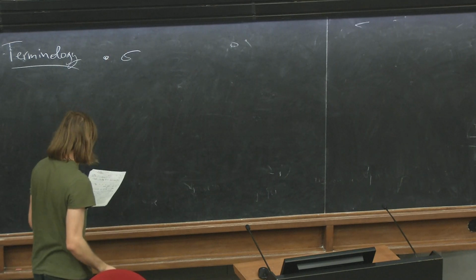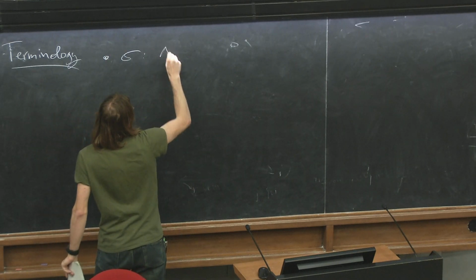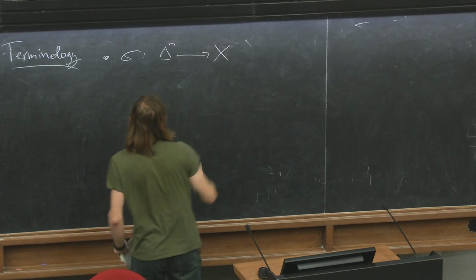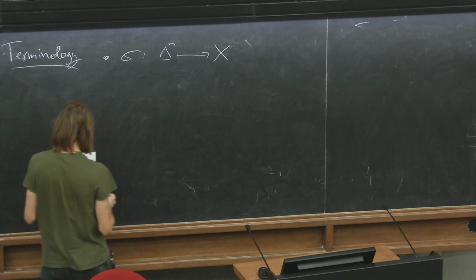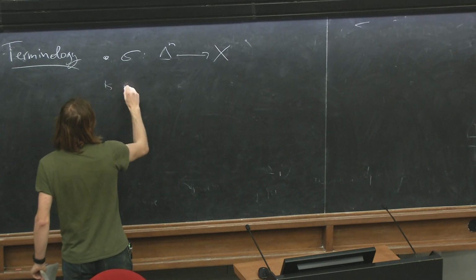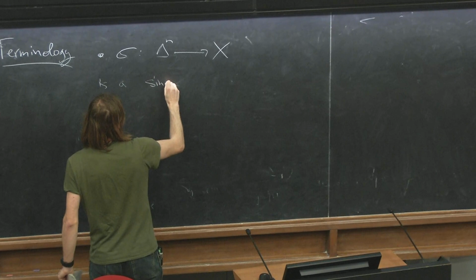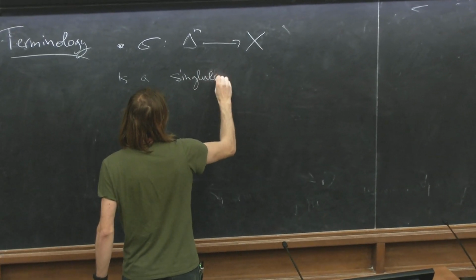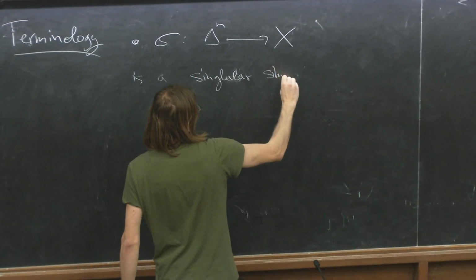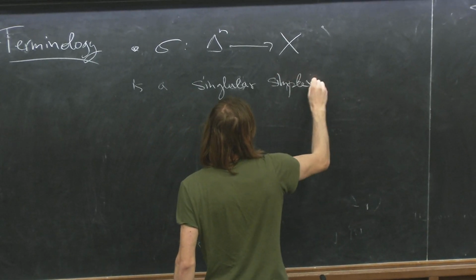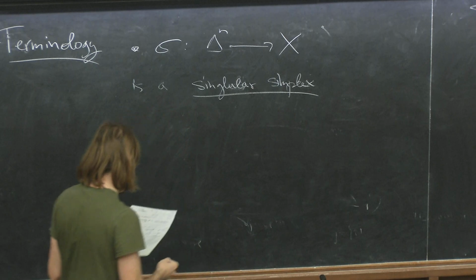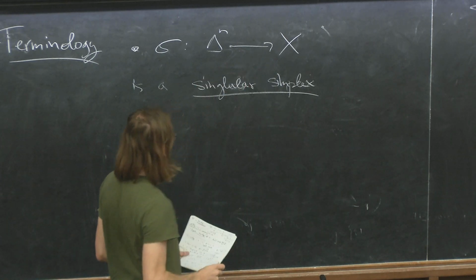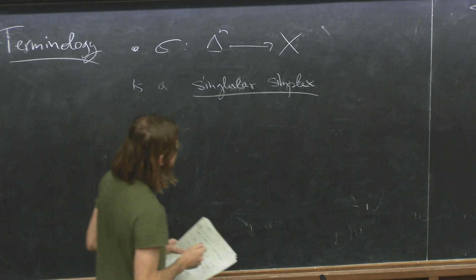A single map sigma from delta n to X is called a singular simplex in X. Here there is no condition on this map. So why is it singular?